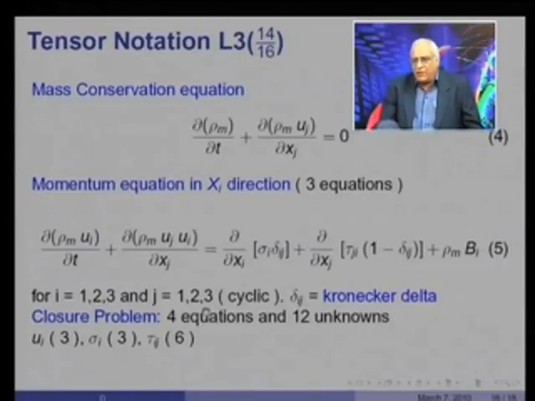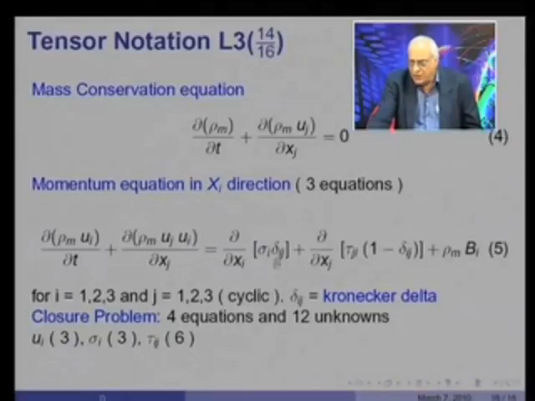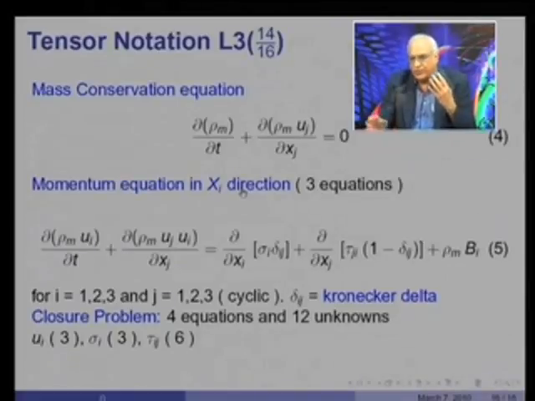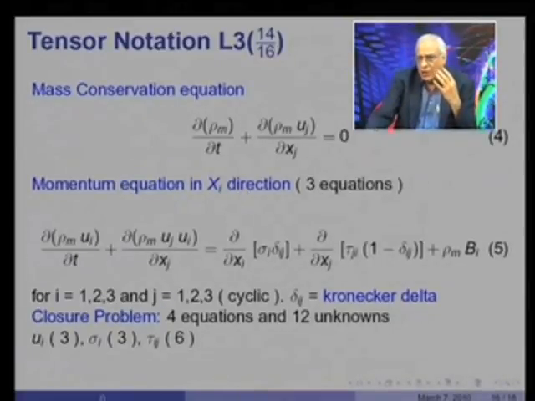But now we have a little closure problem. As you can see, these represent 3 equations, this represents 1. So the fluid motion has been described by 4 equations, but we have many more unknowns. First of all, we have 3 velocity components which are not known. In fact, that is what we wish to determine.